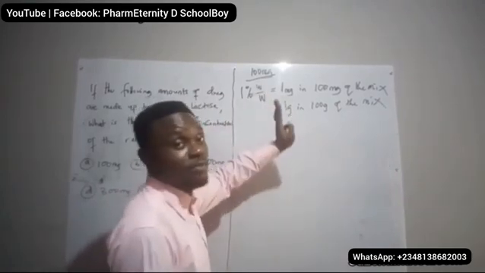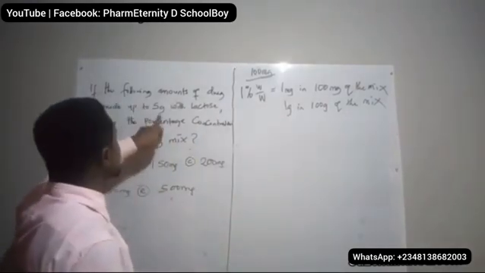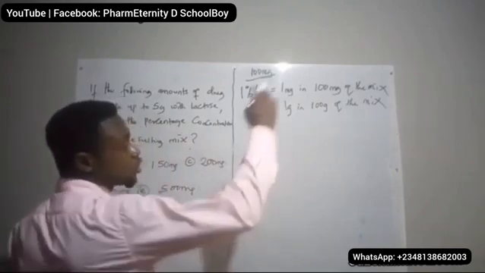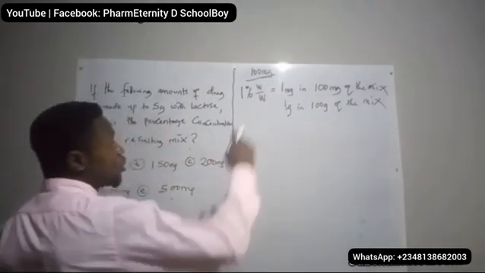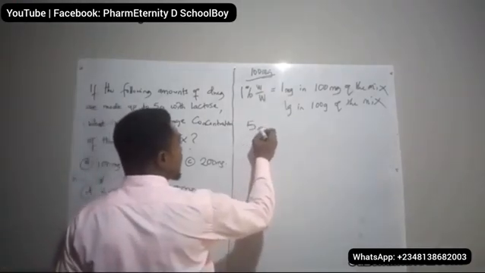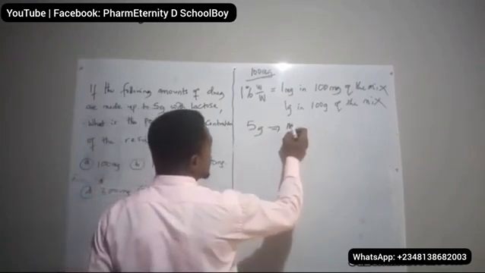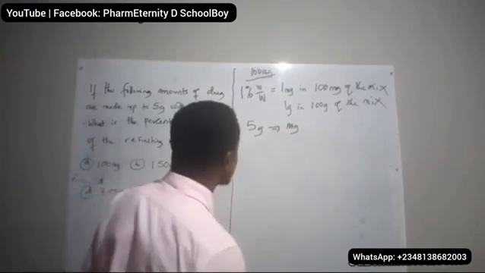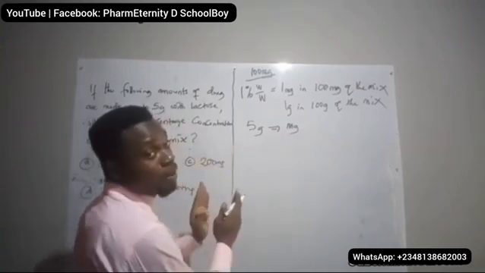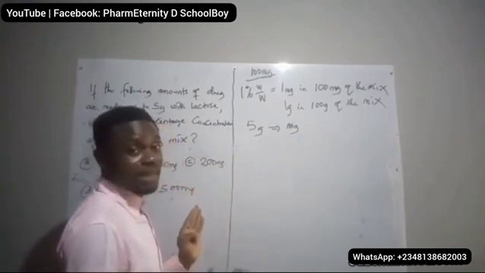Let's convert everything to milligram. The entire mix here is 5 grams. To convert 5 grams to milligram, between gram and milligram we have three decimal movements.